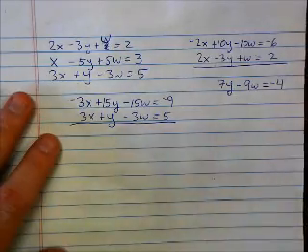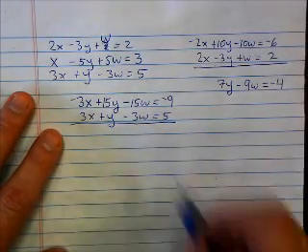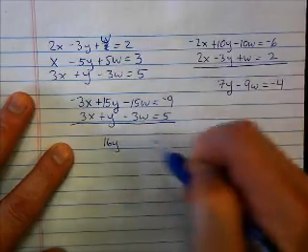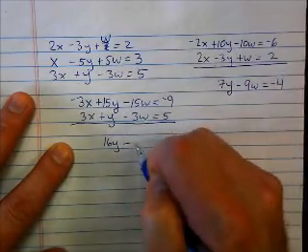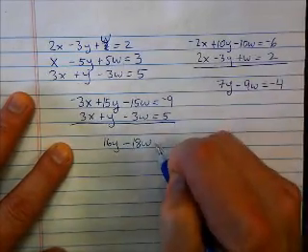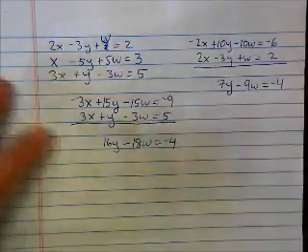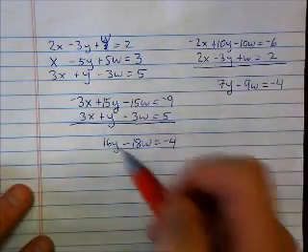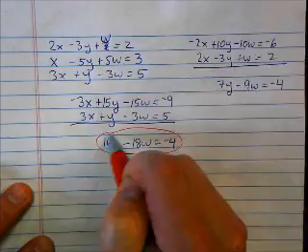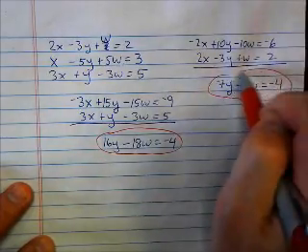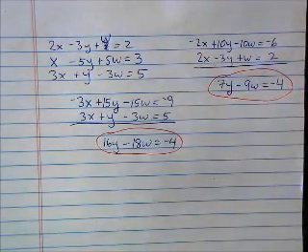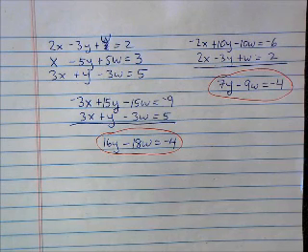X's go away. 16y minus 18w equals -4. Okay, that gives us two new equations. And the nice thing about our two new equations is they only have two variables.